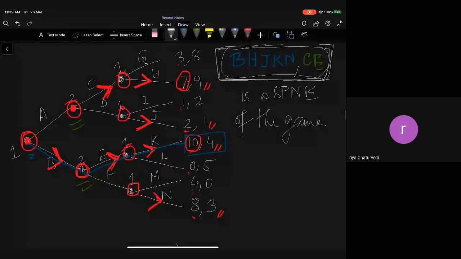For these kinds of games where you could apply backward induction, the Nash equilibria that satisfy backward induction are the SPNEs of the game. We like them more because they satisfy backward induction, and we think backward induction is a powerful logic to understand how the game would be played. Okay, thank you.